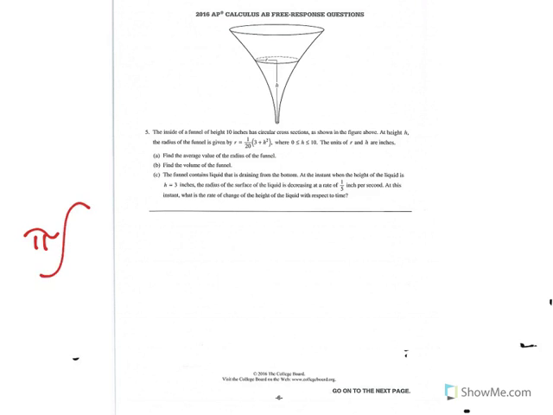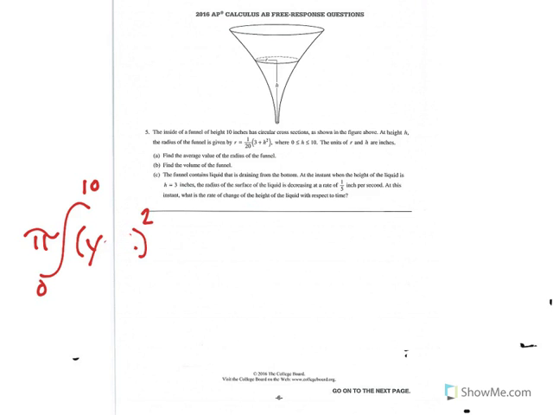Pi times the integral, probably from 0 to 10, of the outer radius squared minus the inner radius squared. Now, how many curves am I rotating? Well, I'm only rotating one curve, so I don't need the second one. The axis I'm rotating around is the center, so I don't need this.